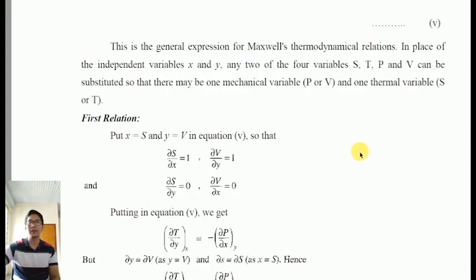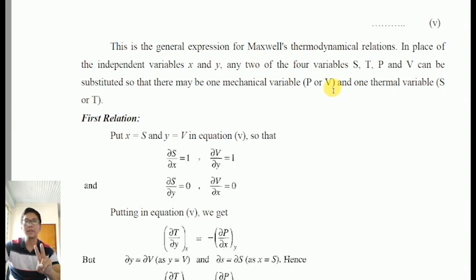Okay, I will give you a simple hint so that you can learn easily. For the first relation, x equal to s, y equal to v: s, v. Second relation, t and v, x equal to t, y equal to v.